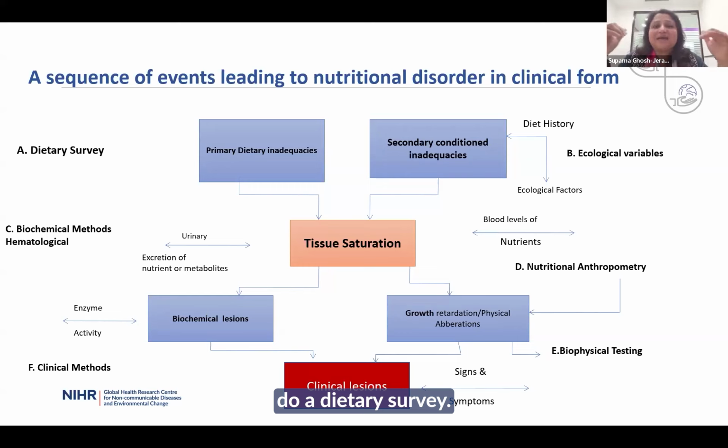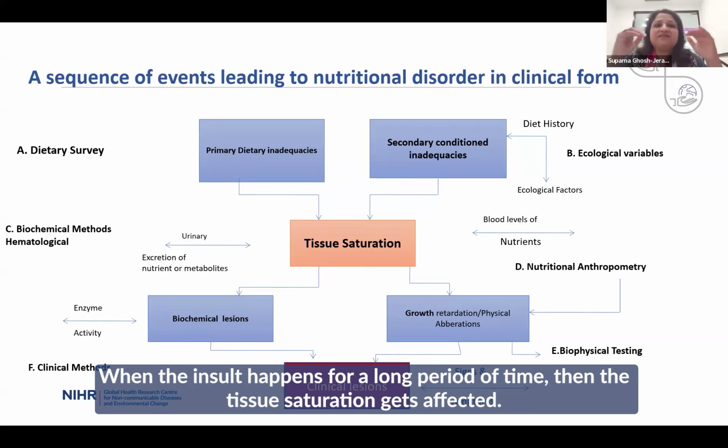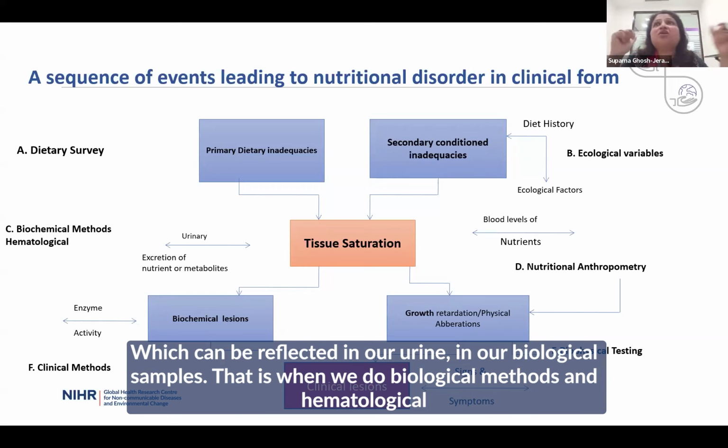When the insult happens for a long period of time, then the tissue saturation gets affected, which can be reflected in our urine, in our biological samples. That is when we do biochemical methods and hematological assessments.